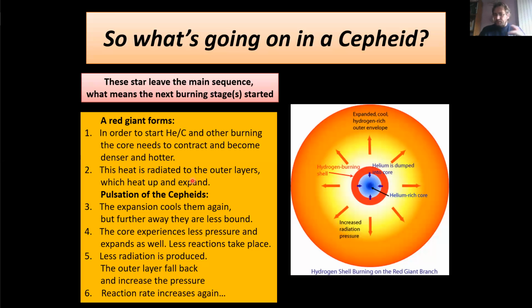If it shrinks again, the pressure in the core rises, the temperature in the core rises, the reaction rate rises, the production of energy rises. And so we get a self-controlling, pulsating nuclear fusion reactor. This goes on until, of course, it runs out of fuel, and then everything contracts even further until the next burning stage starts.